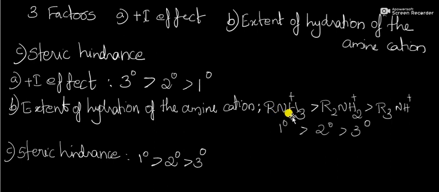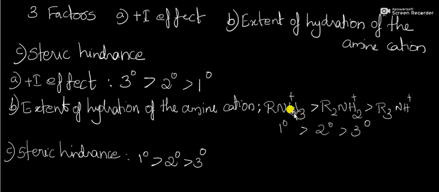When it is protonated, it will convert into RNH3+. This is R2NH2+, that is the protonated amine of secondary amine, and R3NH+, that is the protonated amine of tertiary amine. How can you determine the extent of hydration of these protonated amines?